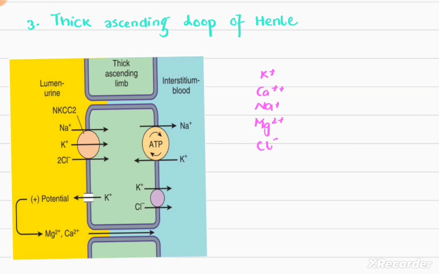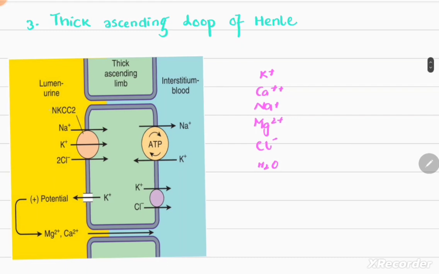These are also called loop diuretics, and they play a very major role as they manipulate the concentrations of these ions as well as the water. The channel here which works is known as NKCC2. NKCC2 is a sodium, potassium, chloride channel.